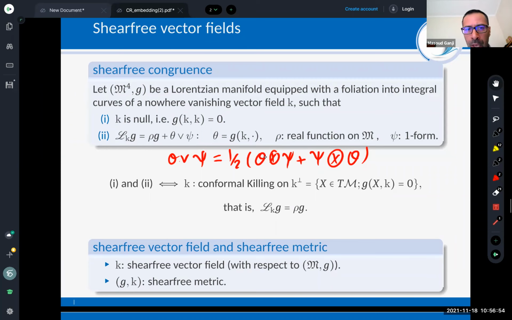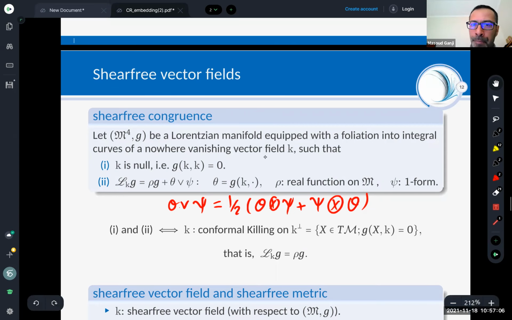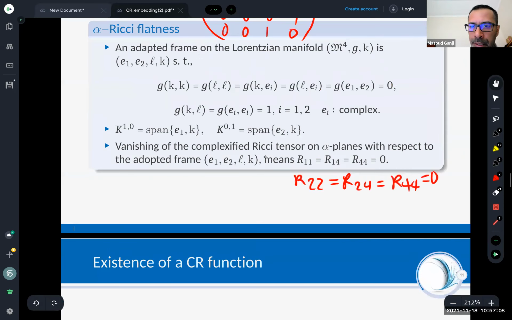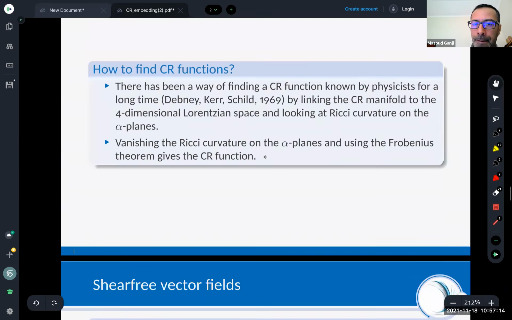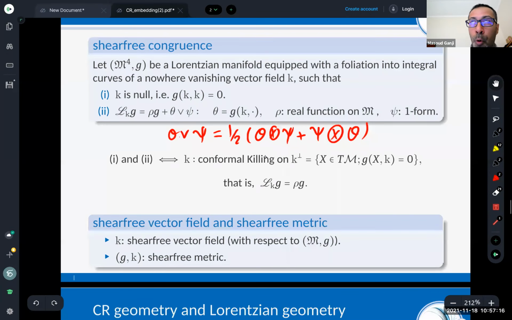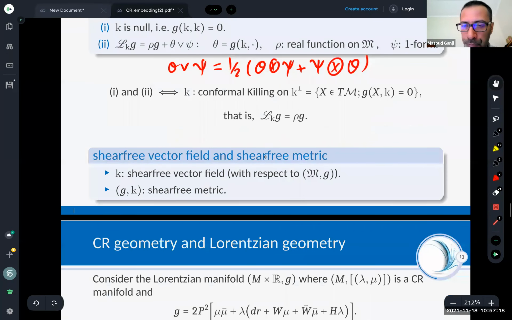Yes. So if we have a shear-free vector field and some of the, actually, let me say it precisely. If we have a shear-free vector field K and these three conditions on the alpha planes vanish, two components of the Weyl curvature vanish.